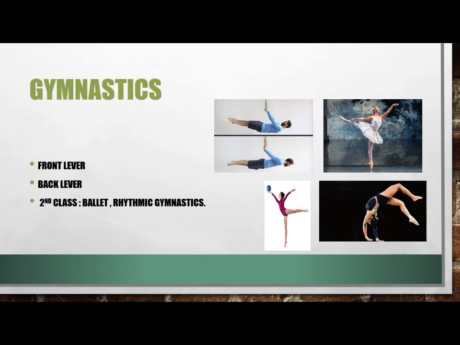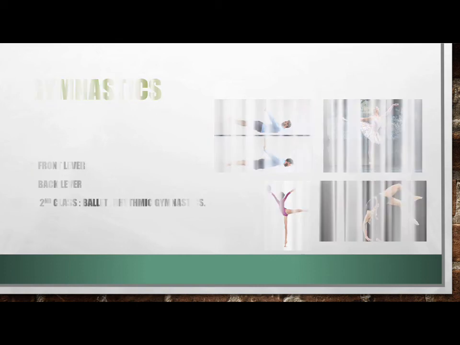Then the back lever is performed by lowering from an inverted hang position until the gymnast's body comes parallel with the ground and facing towards the floor. It requires higher strength of the chest and shoulder and also a lot of core tension to stay horizontal. Second class lever is used by ballet dancers also.